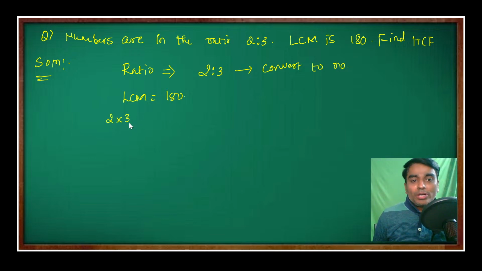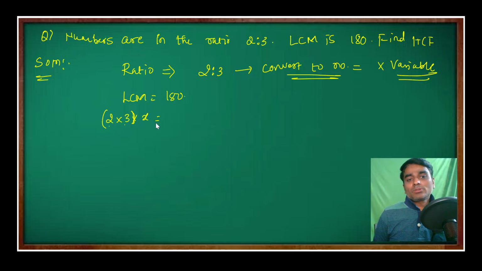So now 2 into 3 I will do, and I will multiply by x. Why did I do this x? Now I am converting the ratio to numbers. To convert a ratio to numbers, you need to multiply by a variable. Any unknown you can multiply to the ratio, that will become a number. So I took both the ratios 2 and 3, then I multiplied by x to these two.